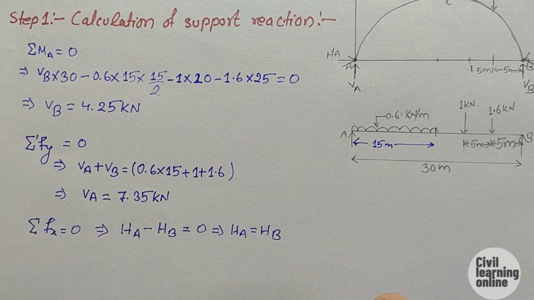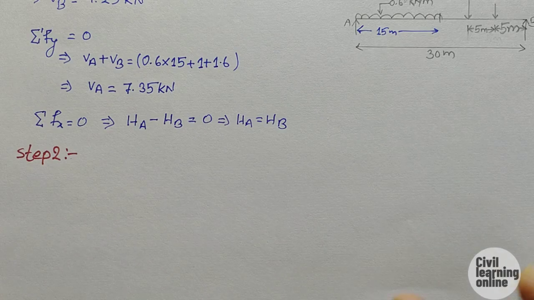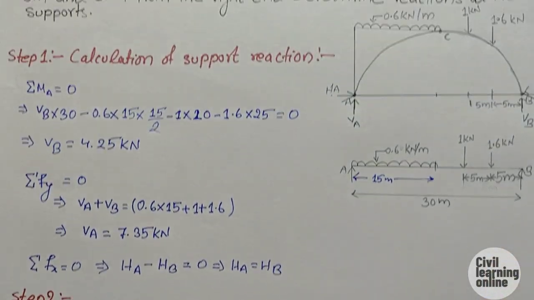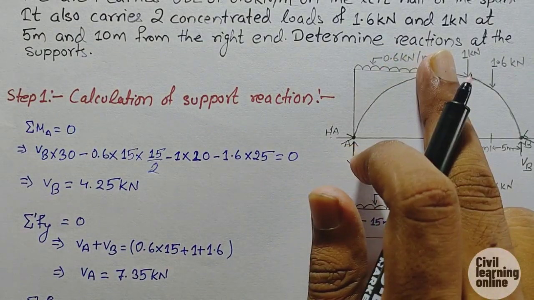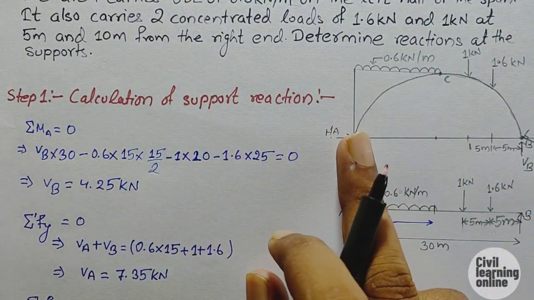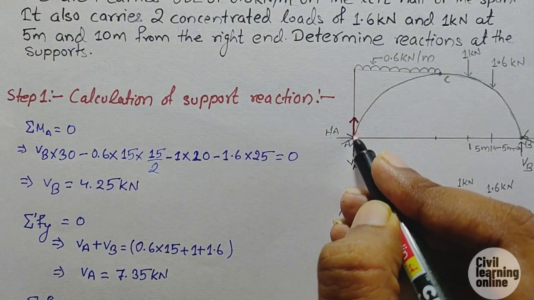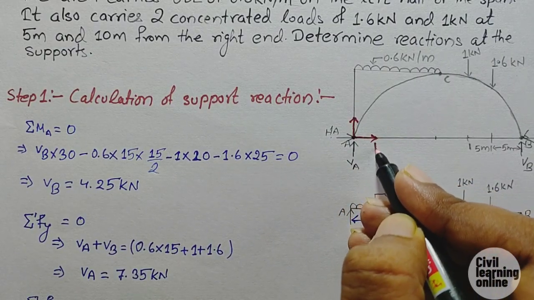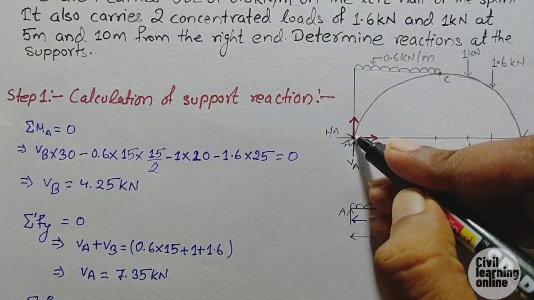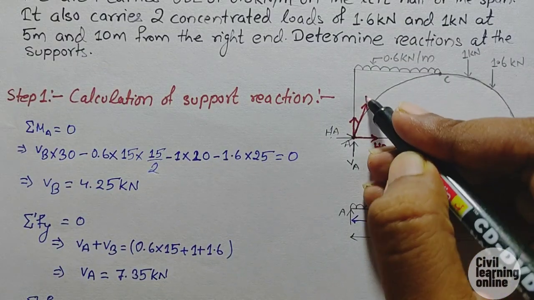Now let's move toward step 2. As the question says determine the reactions at the support, it means we have to find the reaction of the vertical forces and the reaction of the horizontal forces. Here the reaction will act along this side. We have to find this value.